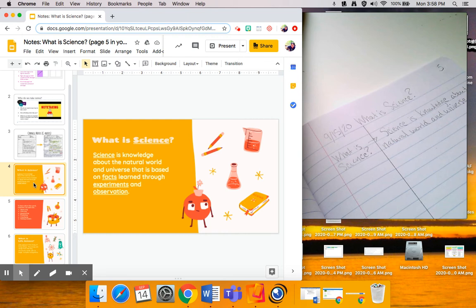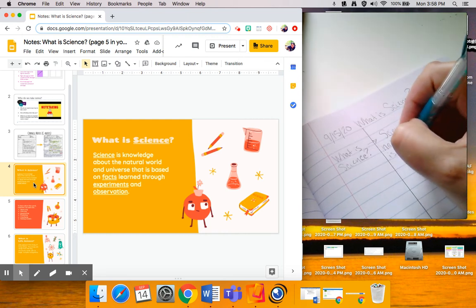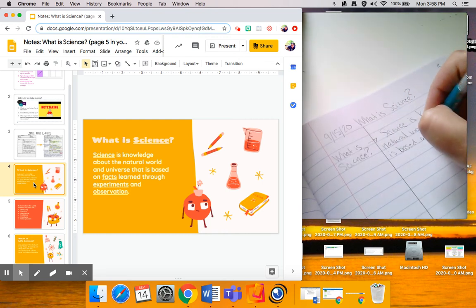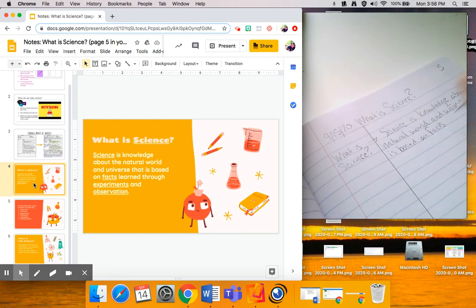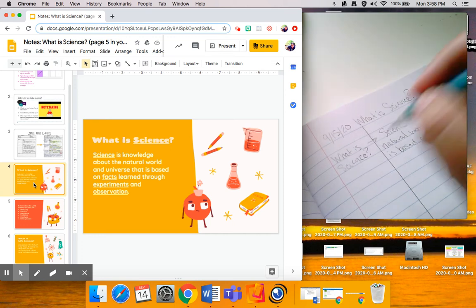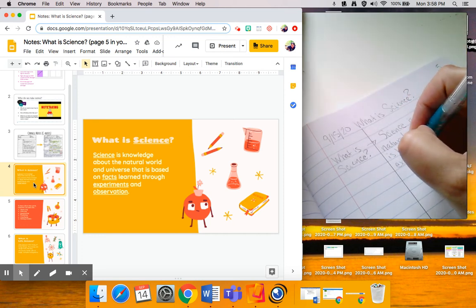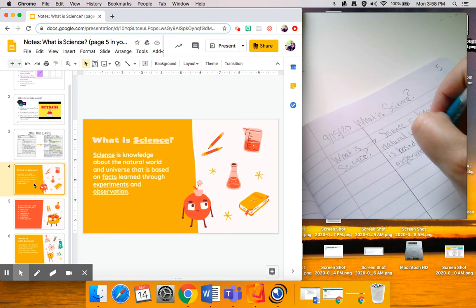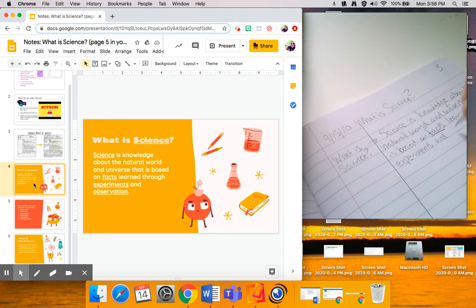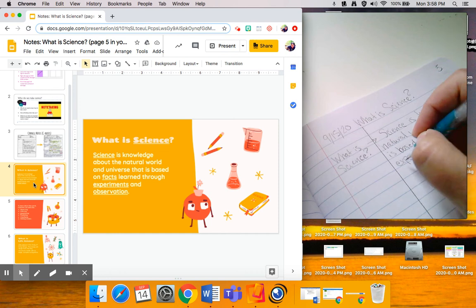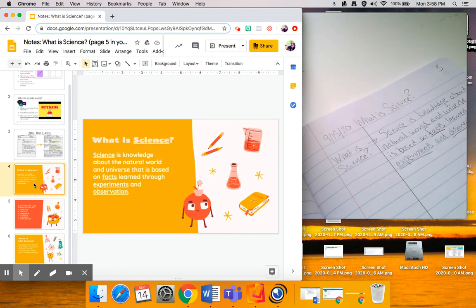It's based on facts. It's very important that it's based on facts. It's underlined. And we learn this through experiments and observation. And both of those are also underlined, important words.